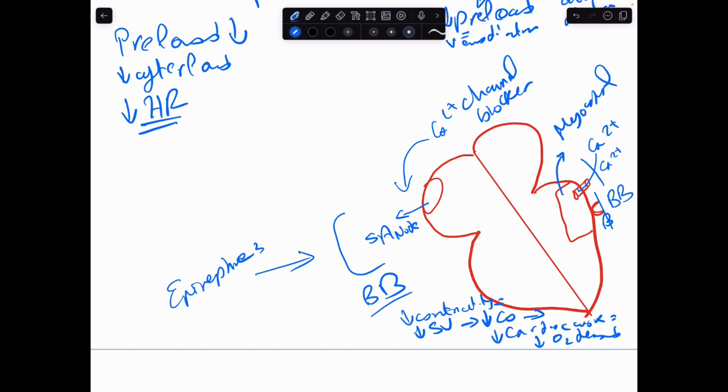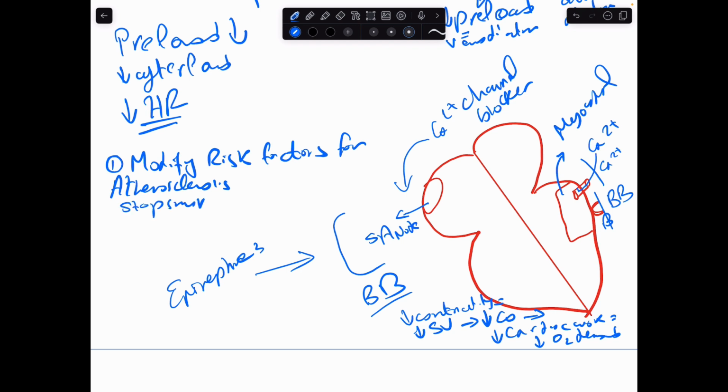There are obviously other things that help, but we're not going to be talking about them, which is basically modifying risk factors for atherosclerosis, which is basically the plaque formation that we've seen. That includes stop smoking, statins, and activity.